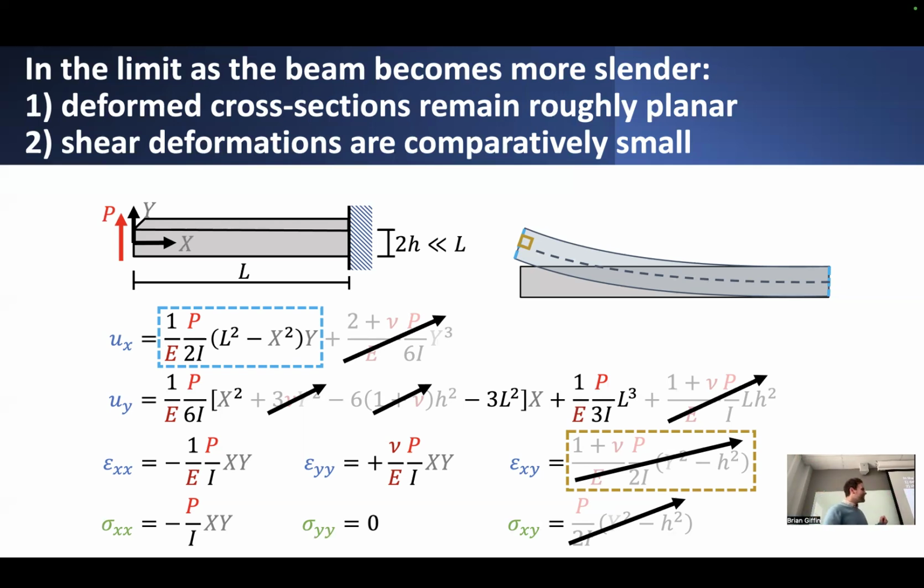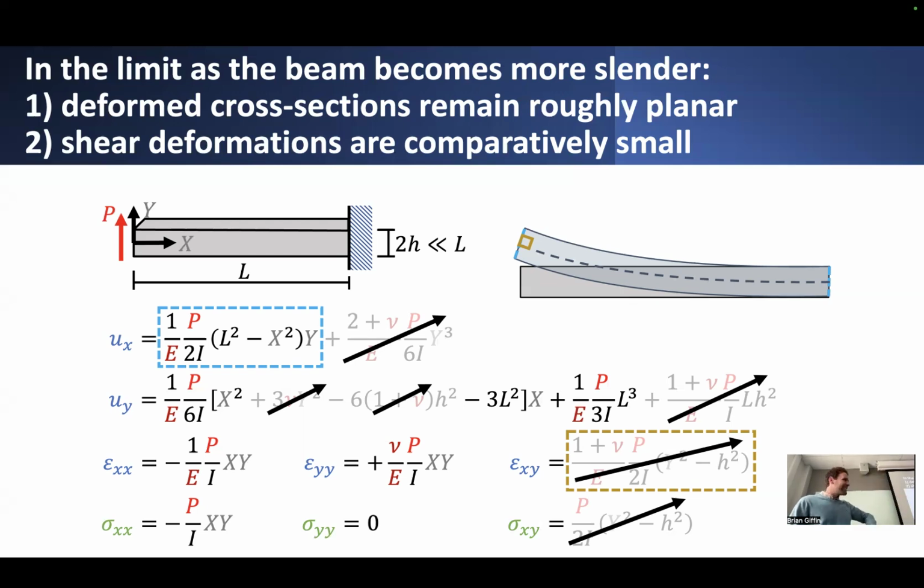And additionally, any terms that depend on, let's say, y squared, where y varies between plus or minus h. Again, the largest value that these terms that depend on y squared can attain are proportional to h squared. So those too can be safely neglected or ignored.